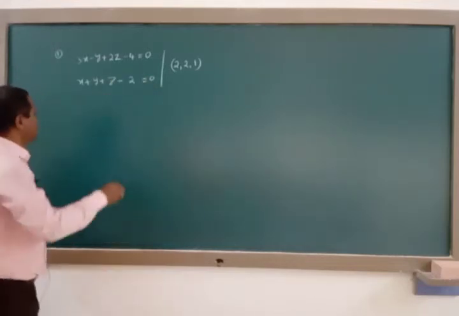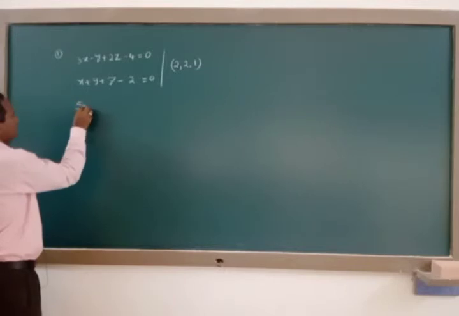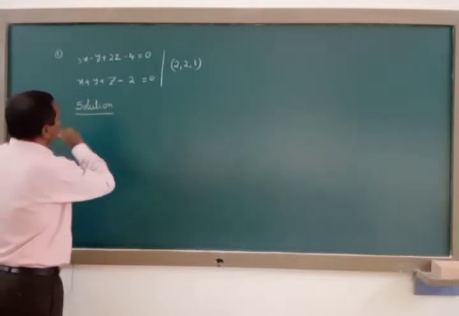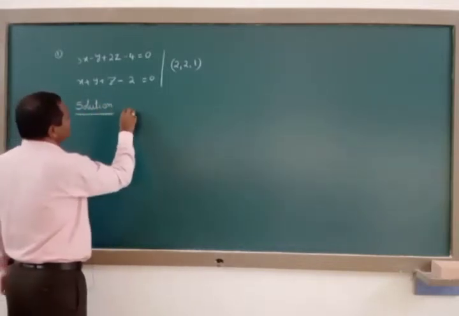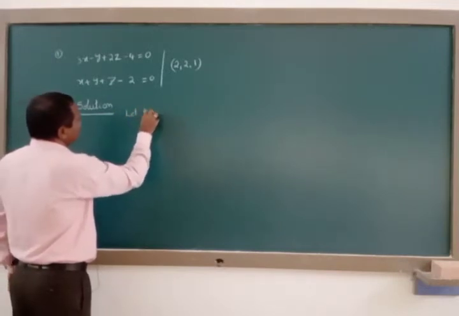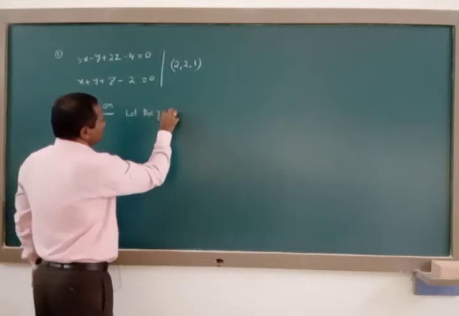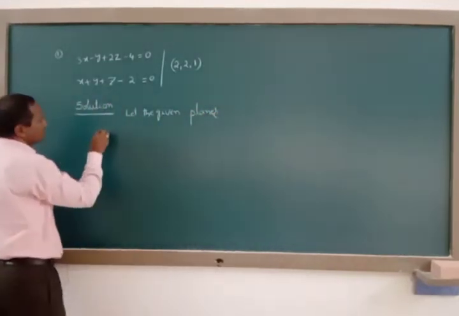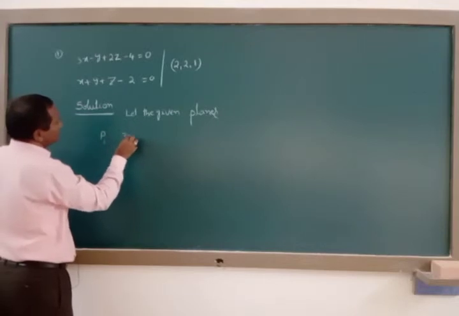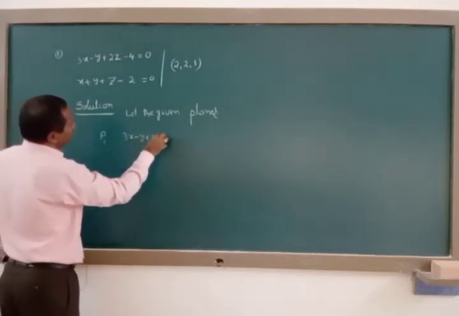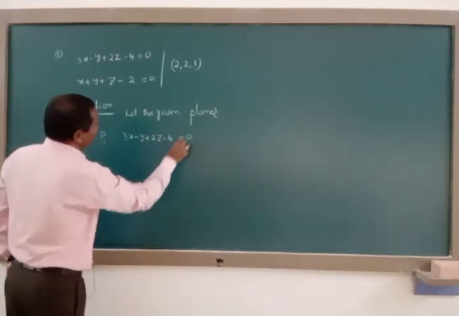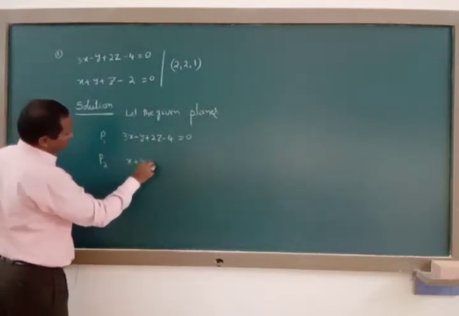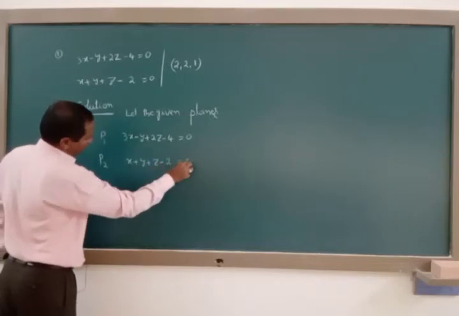The solution for this question is: let the given planes be P1 plane is 3x minus y plus 2z minus 4 is equal to 0, and P2 is x plus y plus z minus 2 is equal to 0.